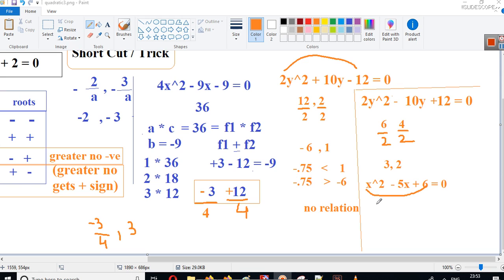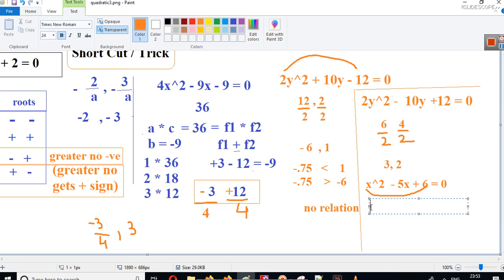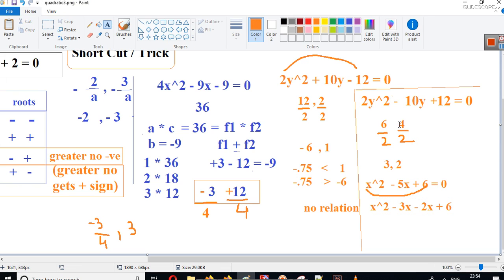So if you try to factorize it, there is a simple trick that is hidden here. So it will be something like x square minus 3x minus 2x plus 6. In the previous example you saw minus 6x minus 4x plus 12.